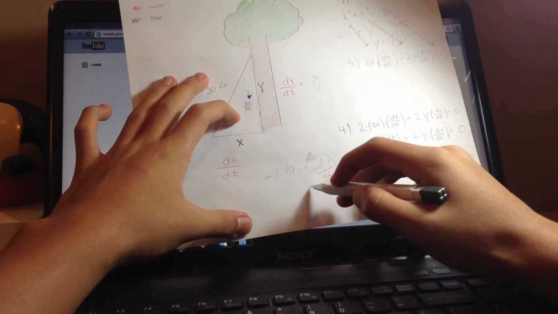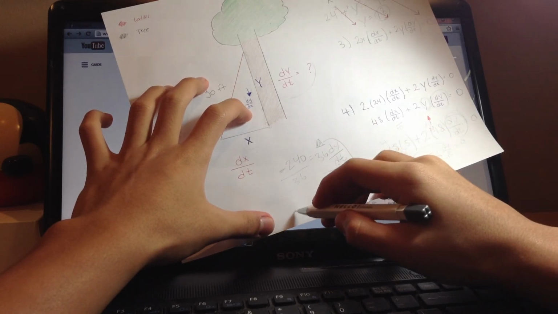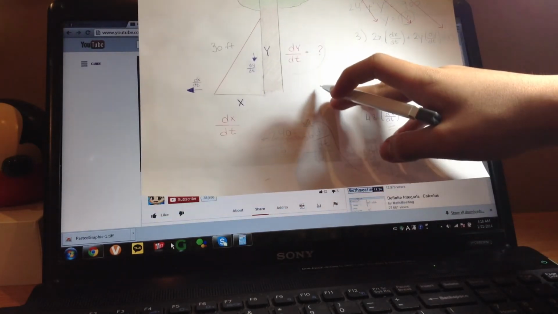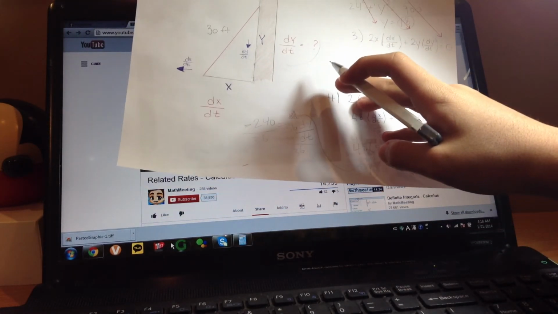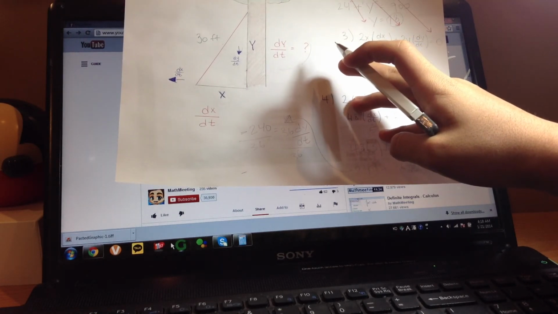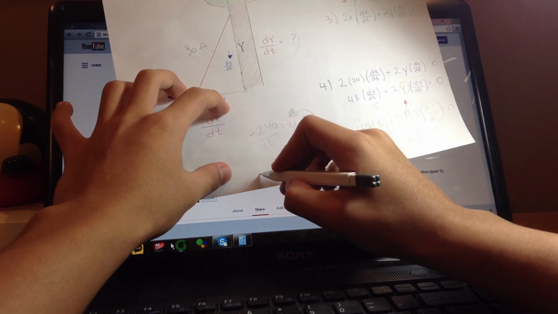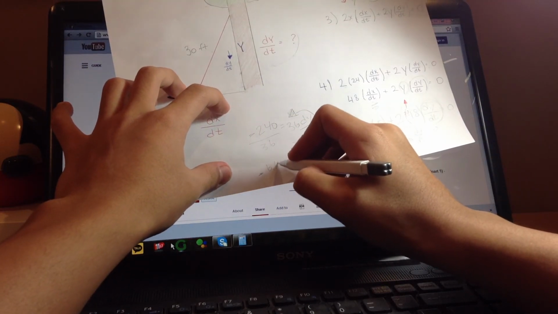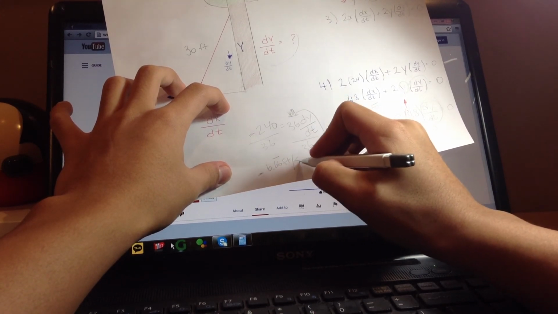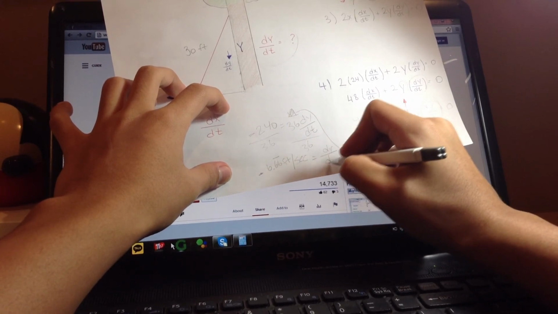Then you can divide both sides by 36, so it's negative 240 divided by 36 equals negative 6.66 feet per second, which is dy/dt.